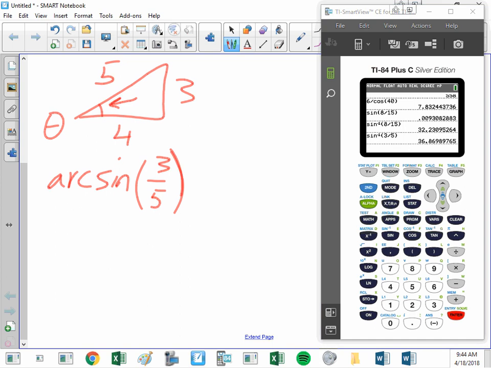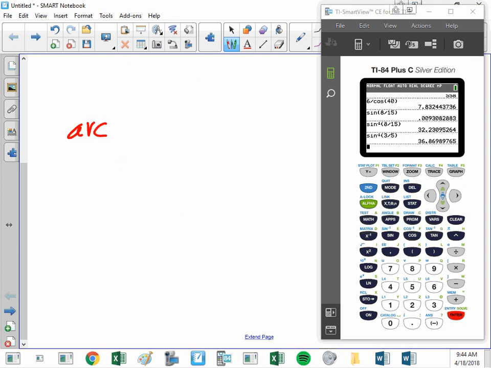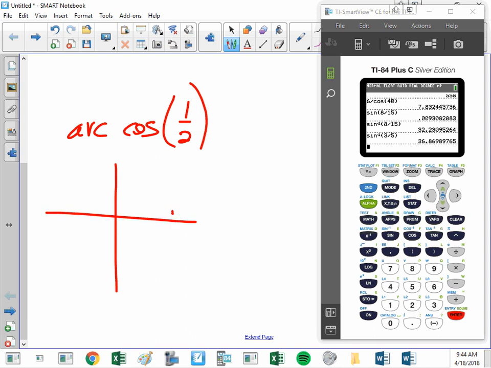What if I did this? The arc cosine of 1/2. I don't need a calculator. So cosine is the x value, right? So which of these 3 points has an x value of 1/2?